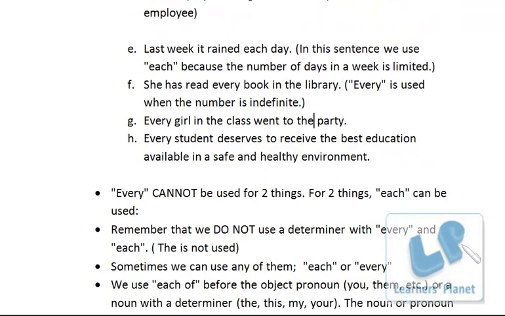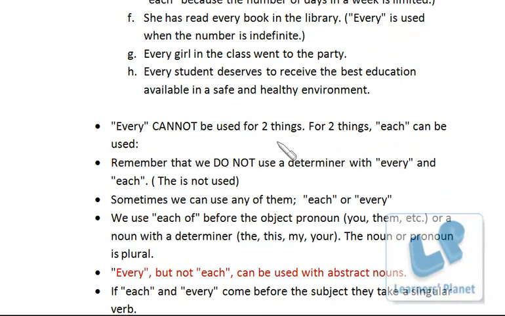Now let's see. Every cannot be used for two things. For two things each can be used, right? Apart from that, we do not use a determiner with every and each, right? A determiner, that means the, this, all these are not used. Sometimes it happens that we may use each or every. Okay.